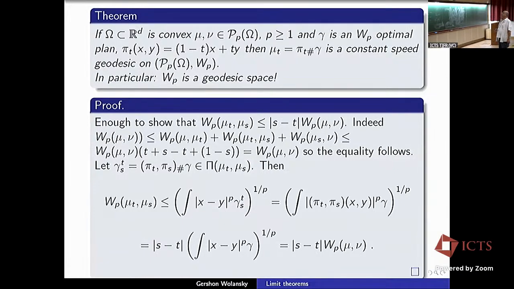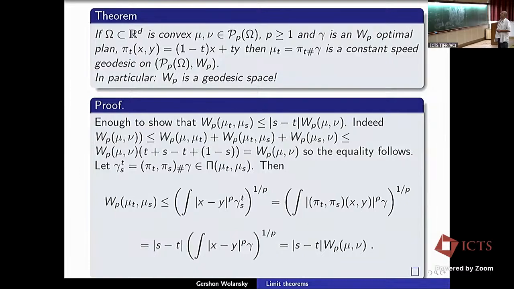Here we return to the Wasserstein distance on probability measures. If we have a convex domain in R^d, and mu, nu are probability measures, for p bigger than or equal to 1, and if gamma is an optimal plan connecting mu to nu, we can define the flow going from x at time 0 to y at time 1 by a linear segment.